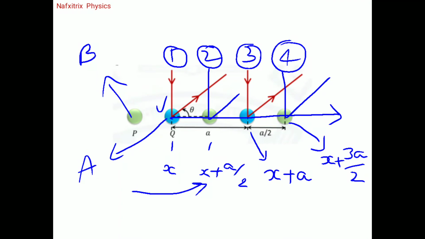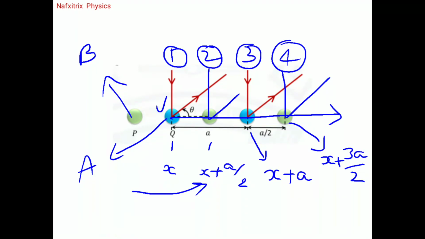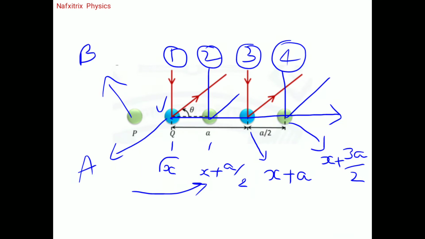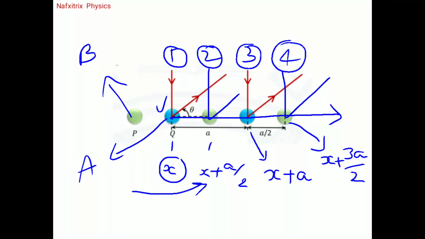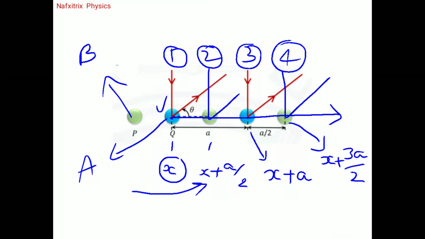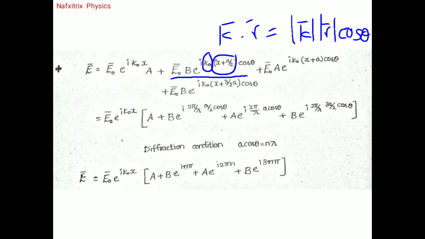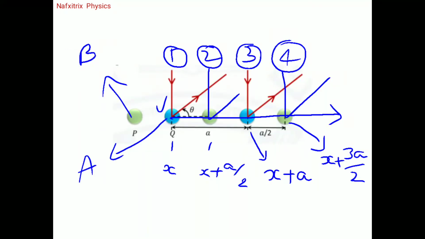This atom is somewhere in the crystal lattice, at a distance x. So the next atom is at x plus a by 2, the next atom at x plus a. So that is nothing but k naught into magnitude of r, which is x plus a, and cos theta. Theta is the angle between them.